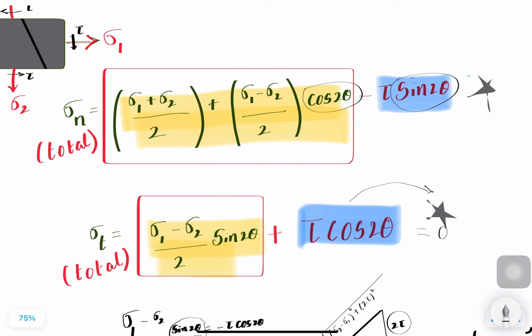These two expressions are derived by equating the shear stress to zero, which, when you substitute in the expression for the normal stress, should give you the maximum normal stress. Because at the maximum normal stress, the value of the shear is going to be zero. So since sine 2 theta and cos 2 theta are obtained by equating the shear to zero, I think that explains the concept really well.